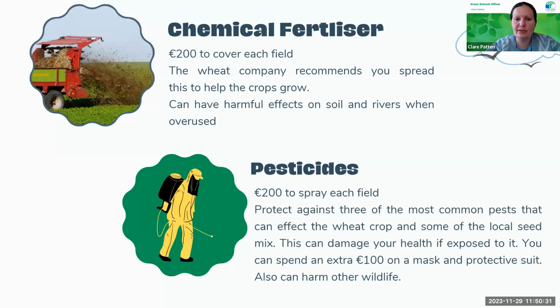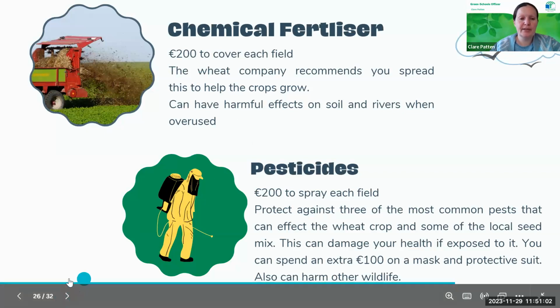The type of pesticide you can buy will protect you against 3 of the most common pests that might affect the wheat crop and some of the local seed mix. But the other problem to think about is it can be dangerous to use if you get it on your skin. So if you want, you can spend an extra €100 to buy a mask and a protective suit. Okay, so these are all of your choices.